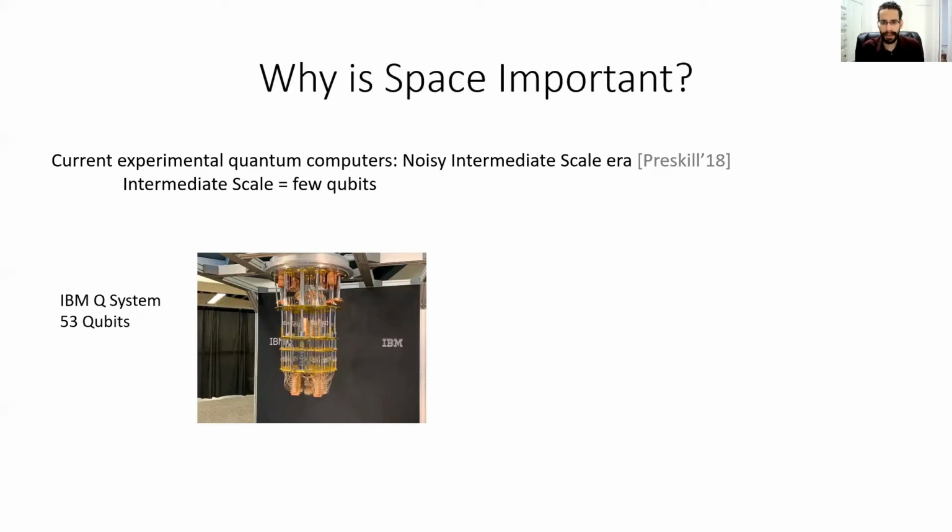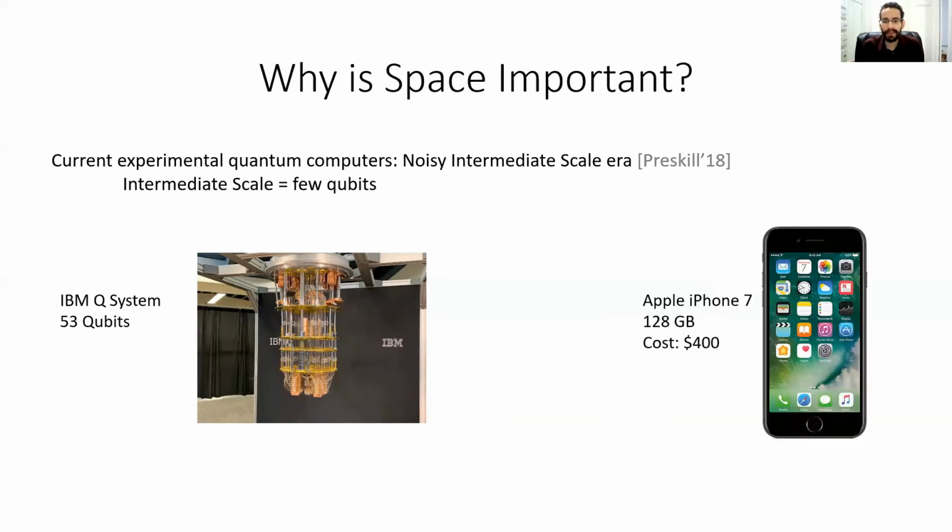In order to put that number in perspective, we can compare this state-of-the-art quantum computer with a not at all state-of-the-art classical computer, Apple's iPhone 7, which has 128 gigabytes of memory and has a retail cost of something like $400. Now, I don't know exactly how much IBM's Q system cost to build. There's some sort of trade secret, but I think we can safely assume it's a great deal more than $400.